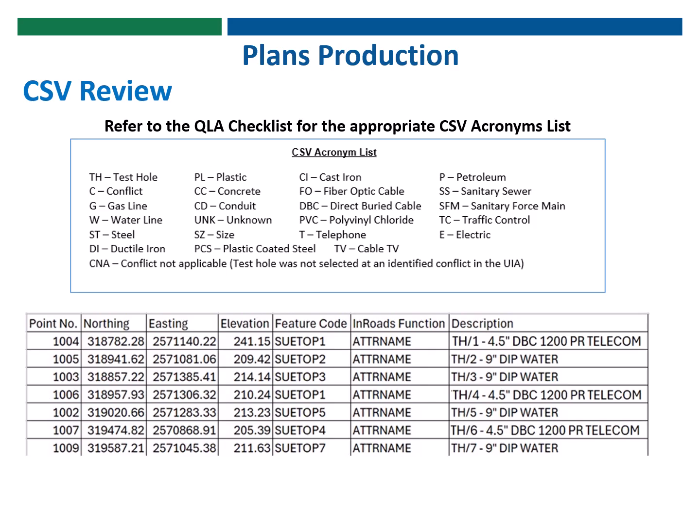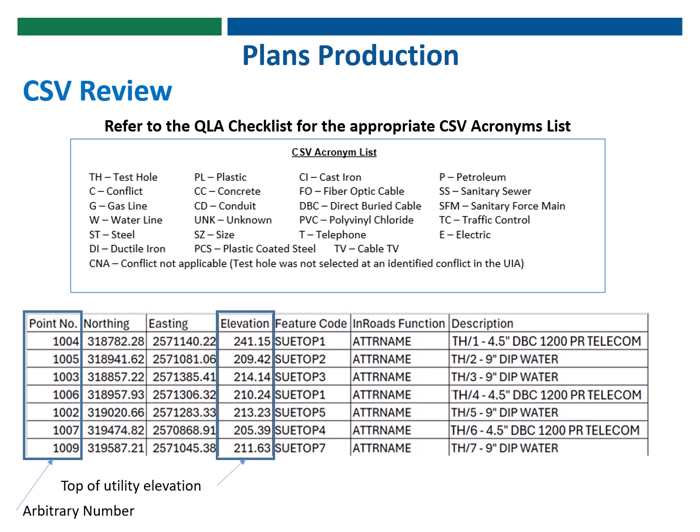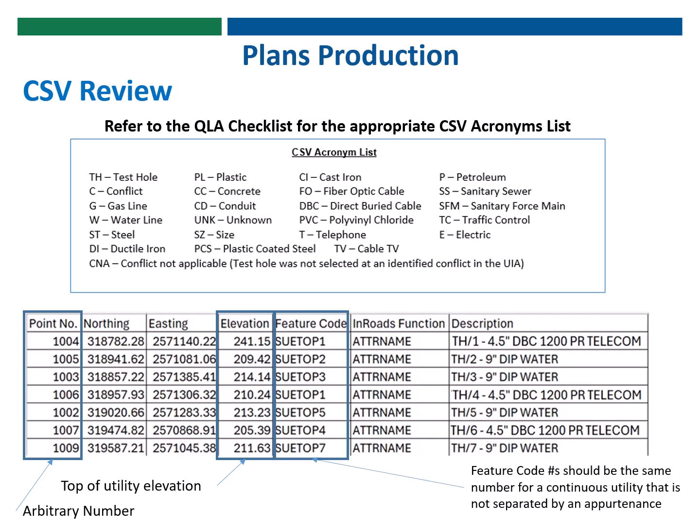The information that's going to be provided is an arbitrary number for each of the test holes performed, the northing and easting, the top of the utility elevation, feature codes for each test hole, the add-to-name, which is an InRoads function that has to be included, and a description for each of the test holes and what was found.